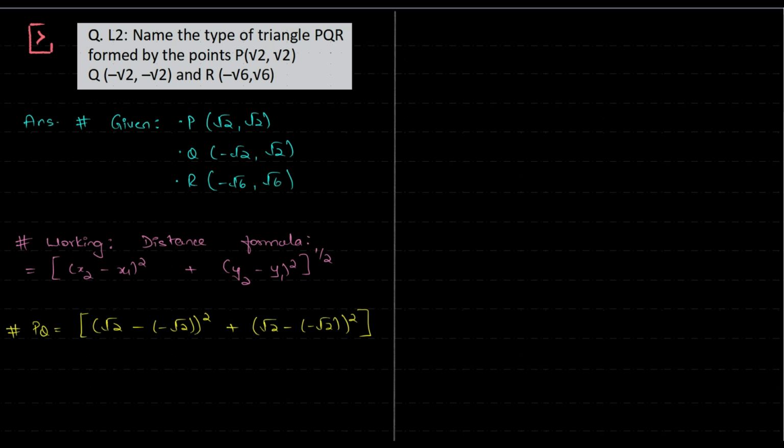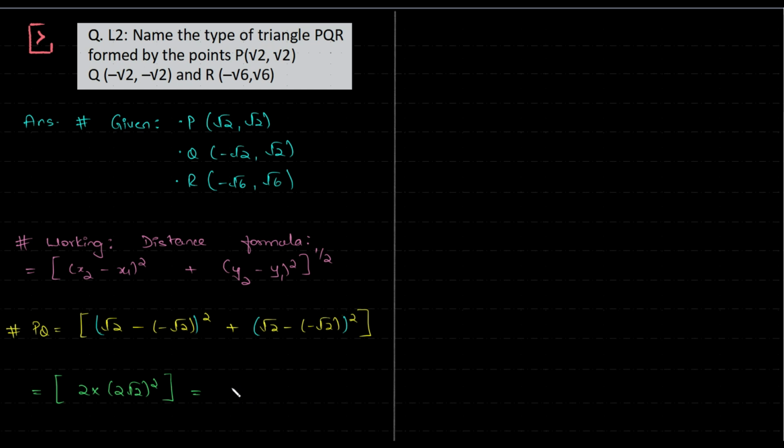close the brackets. If you are confused with the brackets, let me change the color so that it becomes obvious. Does it make sense? Now, root 2 plus root 2 is 2 root 2 and there are 2 of them. So we have 2 times 2 root 2 the whole square. Close the bracket.